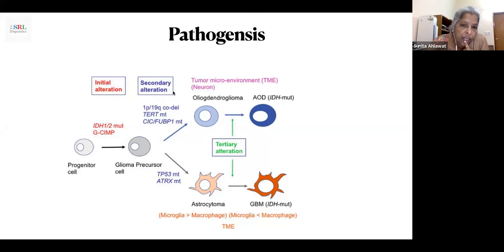When the secondary alteration is 1p19q codeletion, or TERT mutation, or CIC mutation, that results in the formation of an oligodendroglioma. And when the secondary event is p53 mutation or ATRX mutation, it results in the formation of astrocytoma. And when there are tertiary events, they result in upgrading the tumor into grade 3 or grade 4.